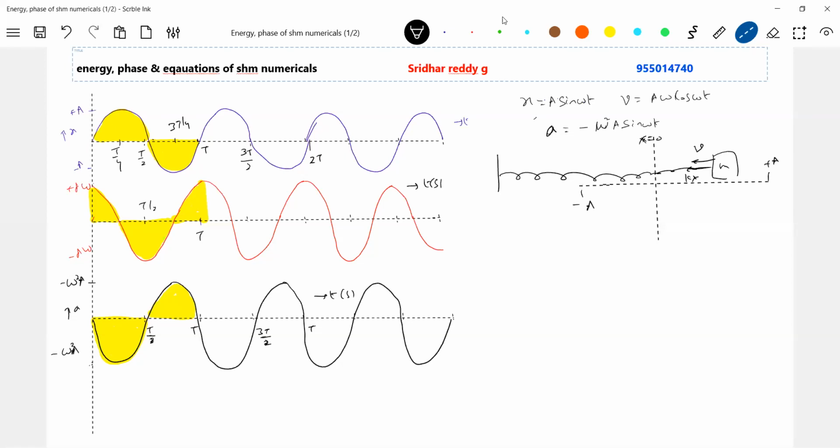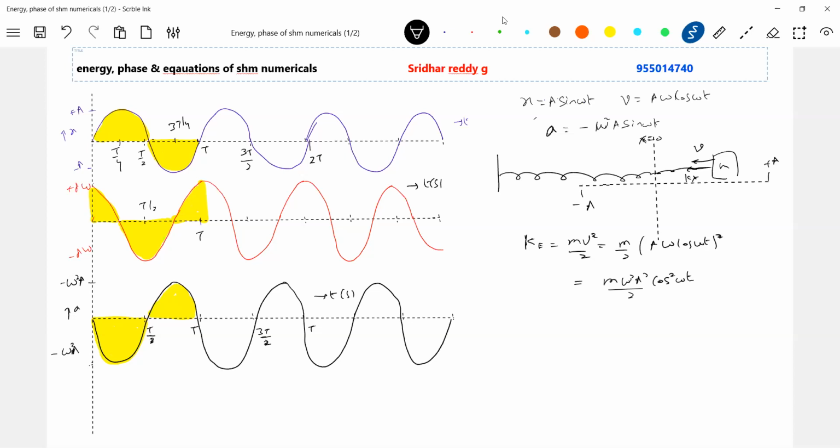that we know. So what is the expression for kinetic energy? I'm getting into the kinetic energy. Half m v square. Now what is v? A omega cos omega t, whole square. M omega square a square by 2, cos square omega t.